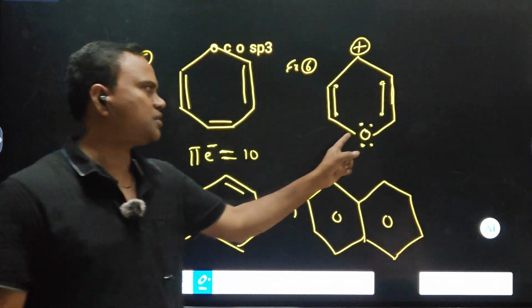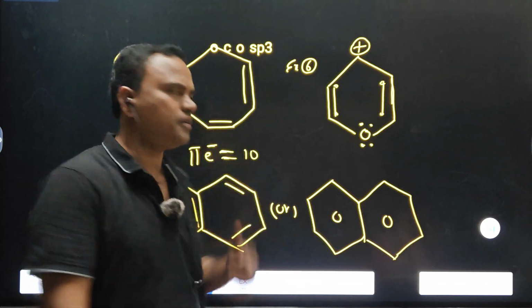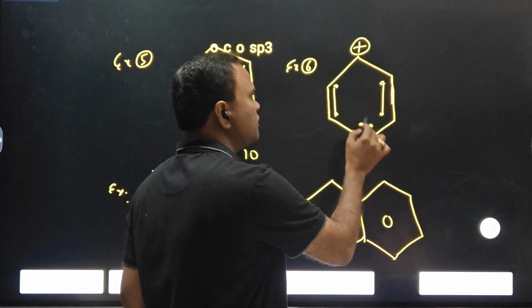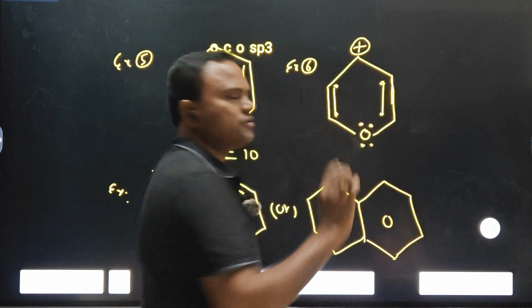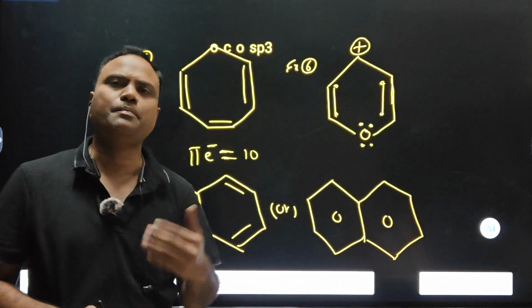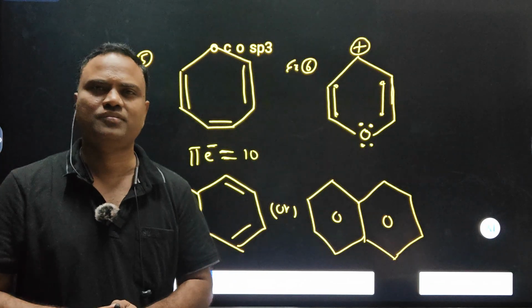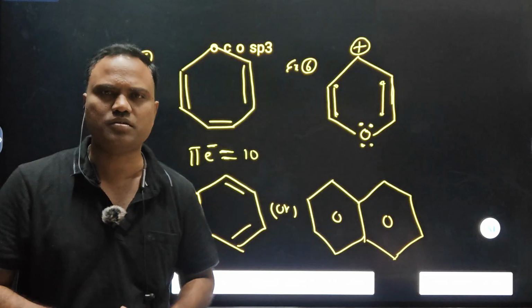Oxygen, consider one lone pair as a pi bond or pi electrons. Only one. This one. So 1, 2, 3, 4, 5, 6. Remember, on oxygen, consider one lone pair of electrons as pi electrons.